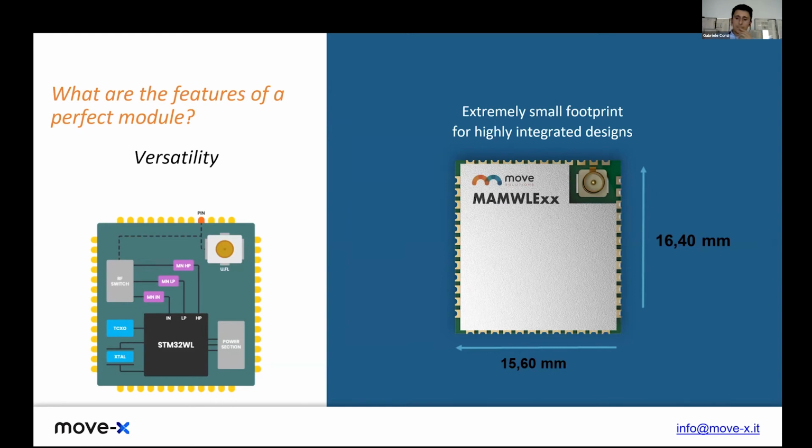As I said, all of these come with a very, very small footprint. It's not, as I said before, an easy thing, because we integrated so many things inside the module, having the GPIOs unaltered and having the dimensions very, very low. If you have to do a design which is really, really integrated, which has to have very, very small dimensions, with this module you can do it without having to have compromises. That's the key point.